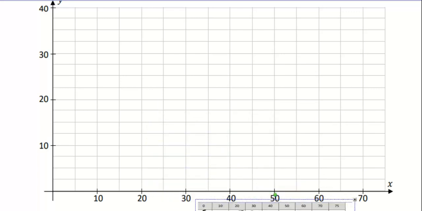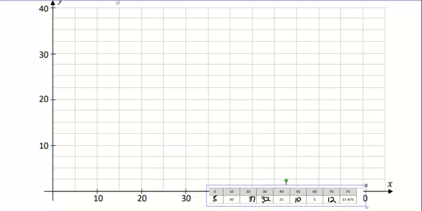Okay, so 0, 5 is here, halfway between 0 and 10. 10, 30 here. 20 and 37, that'd be 35, that'd be 37 and a half, so around there. 30, 32, sorry, underneath that line about here. 40 and 21, just above the 20 mark.